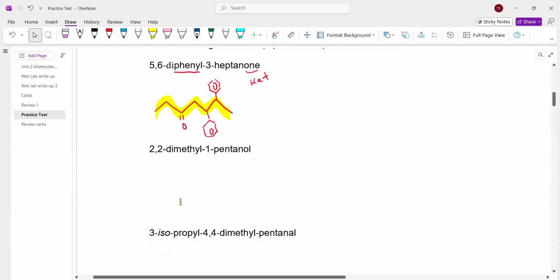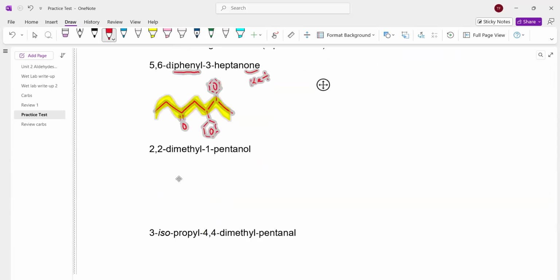Here we have an alcohol. Alcohol's on carbon number 1. And we have two methyl branches at carbon number 2.